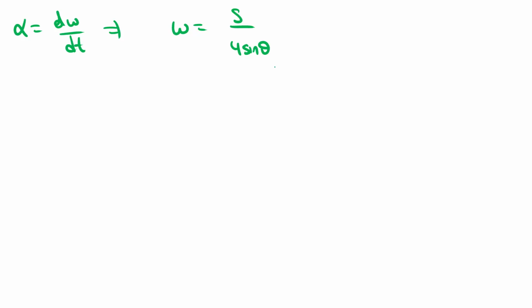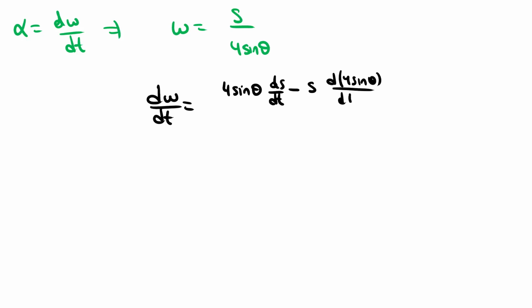So that will be 4 sine theta dS by dt minus S into d of 4 sine theta by dt, and then divided by 4 sine theta squared. That is the fraction, and for fractions we use this differential rule.